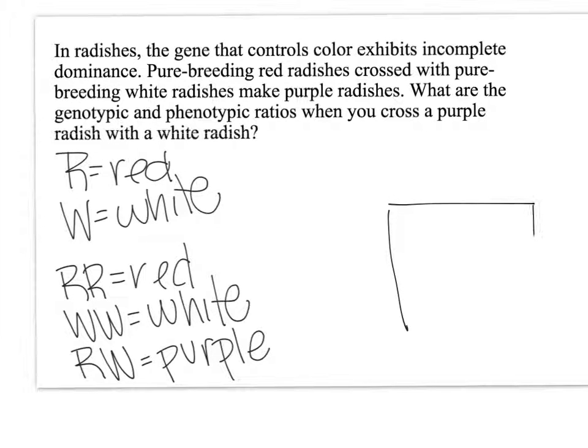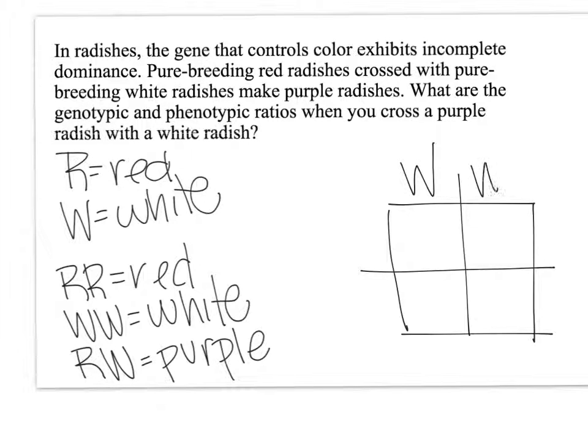So a white radish can only pass down the allele for W. And a purple radish has one red allele that it can pass on in its gametes or a white allele. And now I just go through and arrange my Punnett square.